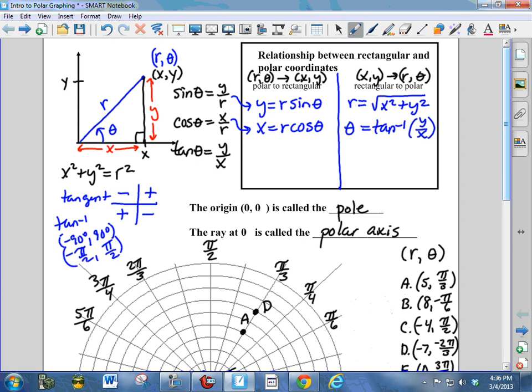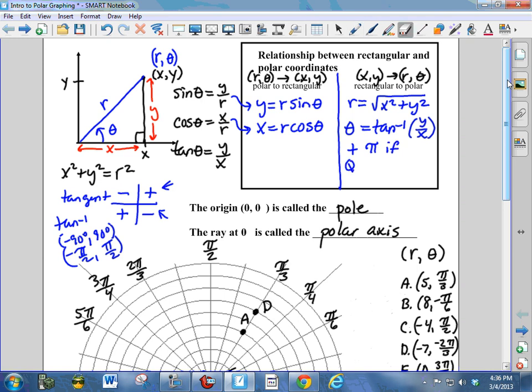So that means if I do inverse tangent on the calculator, I can only get a quadrant 1 or a quadrant 4 angle. What happens if I want a quadrant 2 or a quadrant 3 angle? Well, I need to add 180, or in this case, add pi.